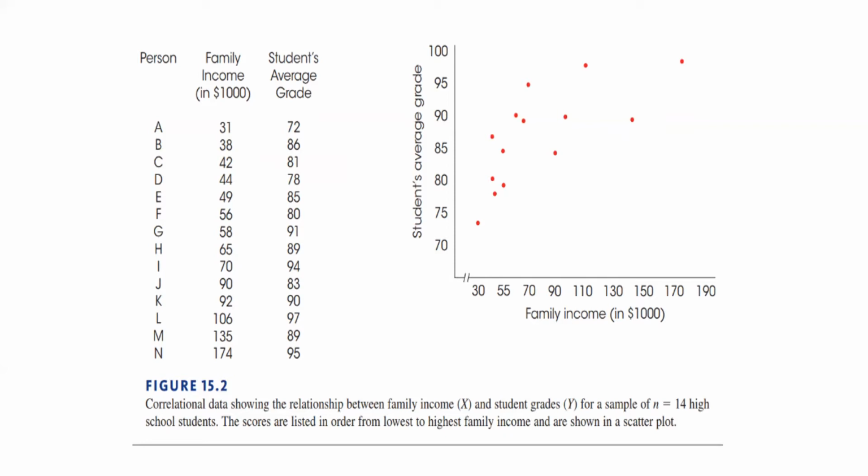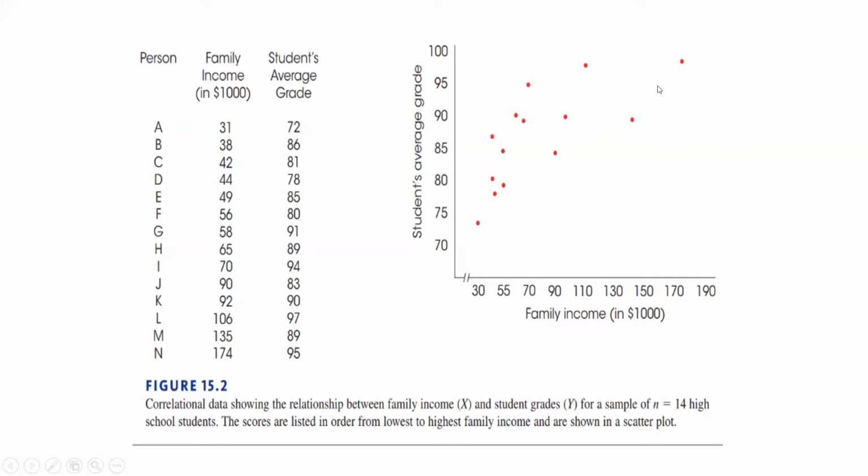As I've said, the horizontal position corresponds to X, which is family income in this example, while the vertical position corresponds to their Y value, which is the students' grade.